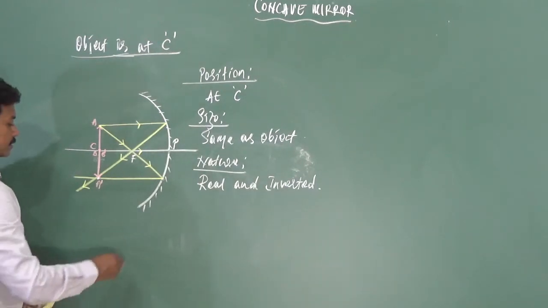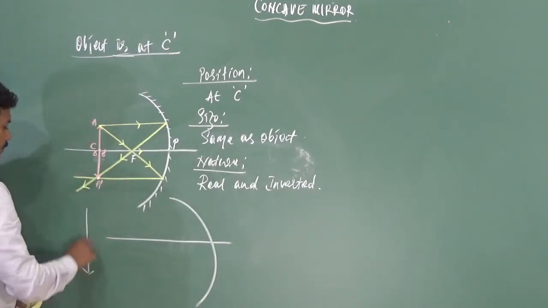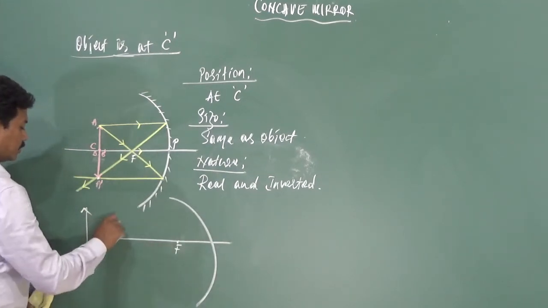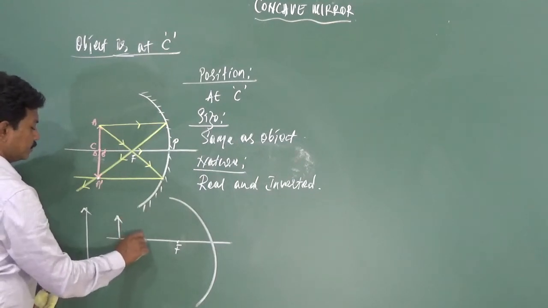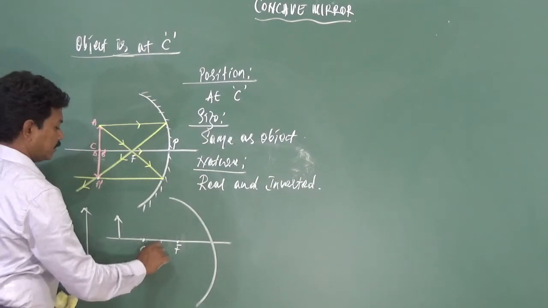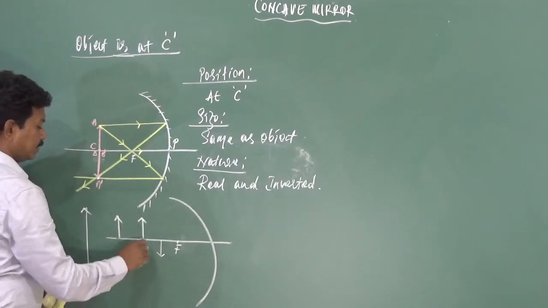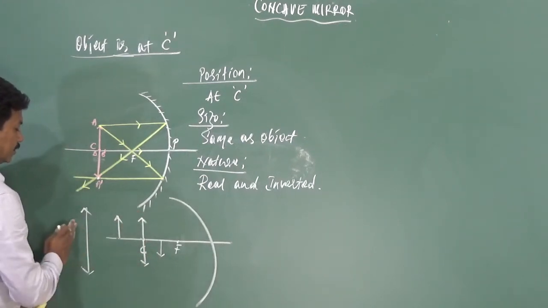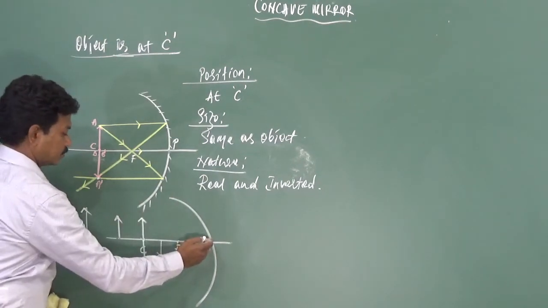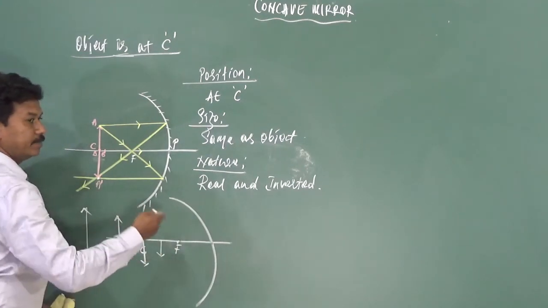If you analyze the things: the object was at infinity, then at focus, then it was brought near to C, that is beyond C. The image was formed somewhere between C and F, and when the object was placed at C, the image was at C. In the sense, if you are bringing the object nearer and nearer to the mirror, the image is moving away from the mirror, and its size is being enlarged.